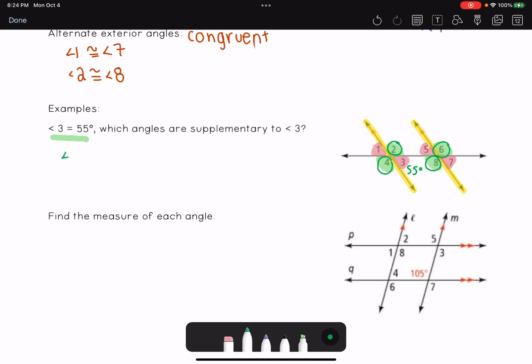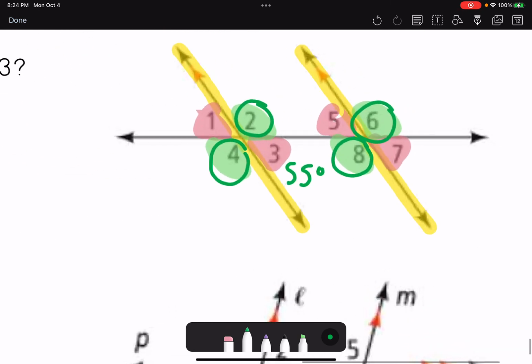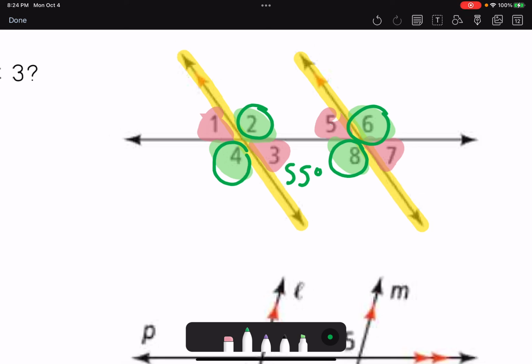So angle 2, angle 4, angle 6, and angle 8. And these are all equal to 180 minus 55, which is 125 degrees. Every other angle is the same measure. Another thing that you can kind of use to tell this is if angle 3 is acute, then the obtuse angle is the other one. That's the one that's going to add to 180.